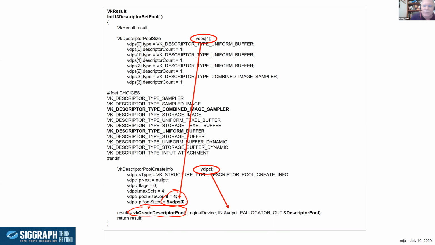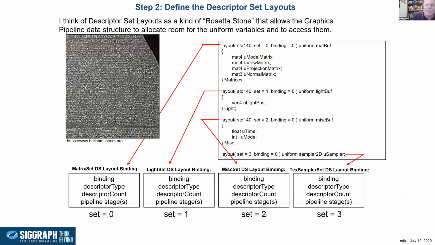And then there's the pool. And you could have a lot of things in the pool. We don't here because we're not doing that much with the descriptor sets, but you could have a lot more in the pool size. All right, I tend to think of the descriptor sets as kind of a Rosetta Stone that helps describe what goes in each of these sets.